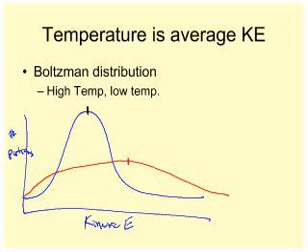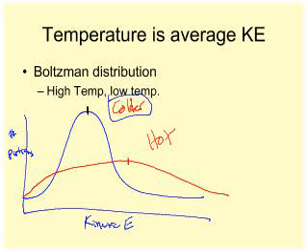This has a different peak that's farther on. Now notice the hump is lower and it is farther to the right. The red one is hotter and the blue one is colder. The reason why the red one is hotter is more particles have a higher average kinetic energy.